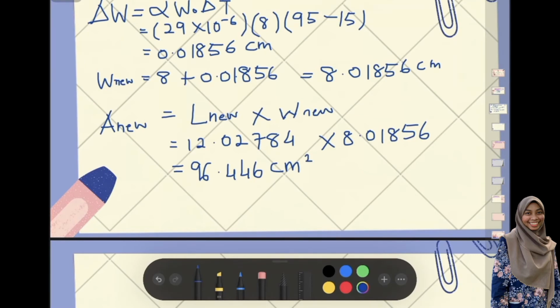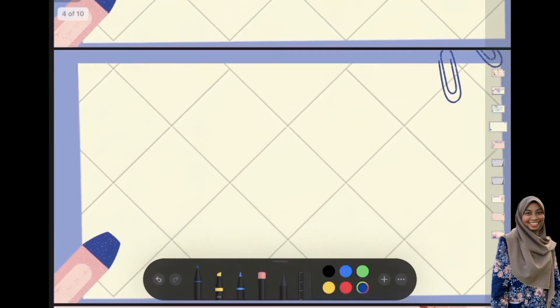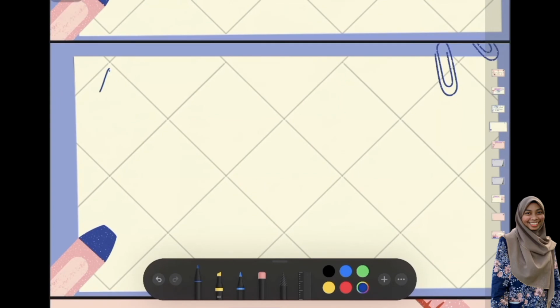Okay, and now we can find the change of area. Change of area is A minus A, no, sorry, A naught.